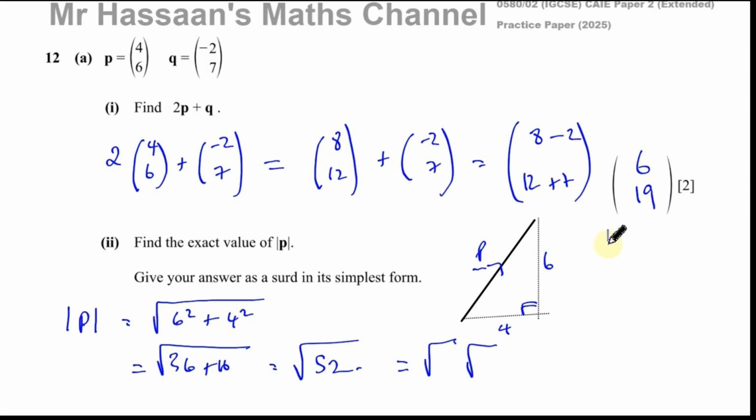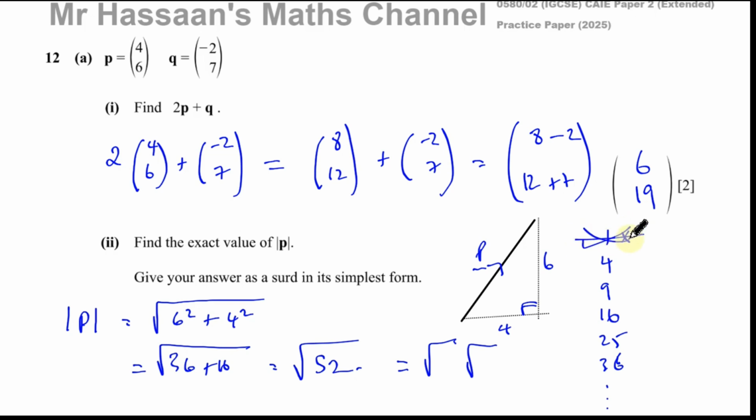We should be thinking of numbers like 1, 4, 9, 16, 25, 36, and so on. Here we don't have to go too far. We need something times something that gives you 52.